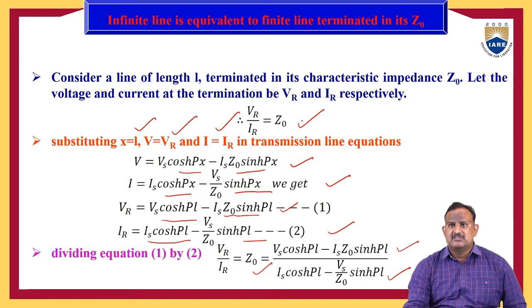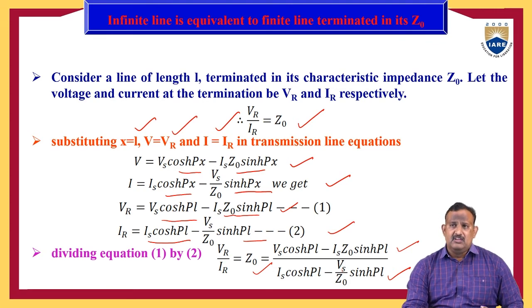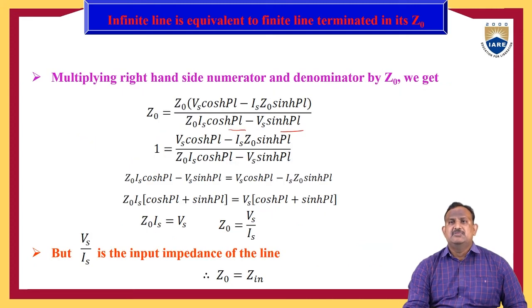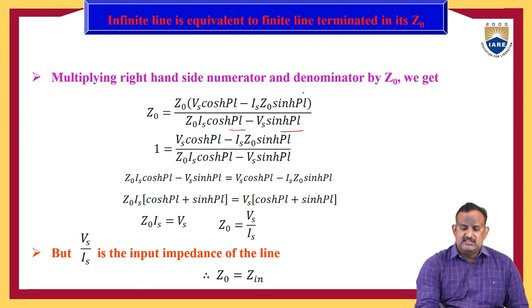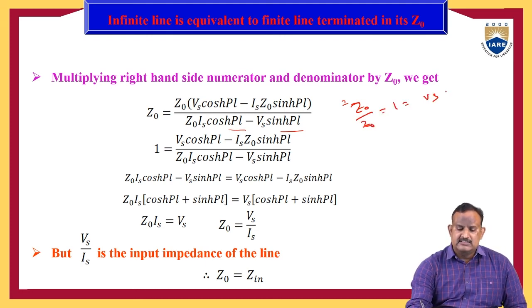So in the denominator, we have Z0 into Is cos hPL minus Vs sin hPL, where the Z0 cancel each other. Therefore, here it is Z0 by Z0, and Z0 by Z0 is equal to 1.